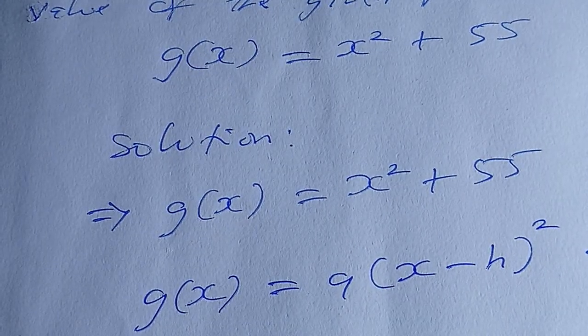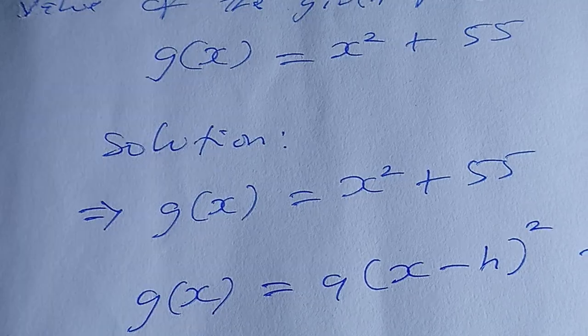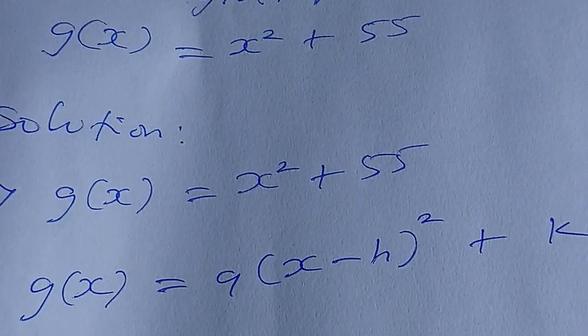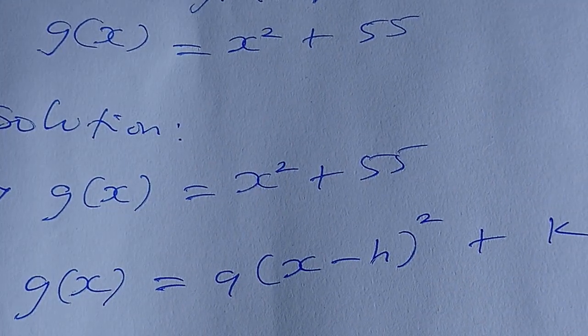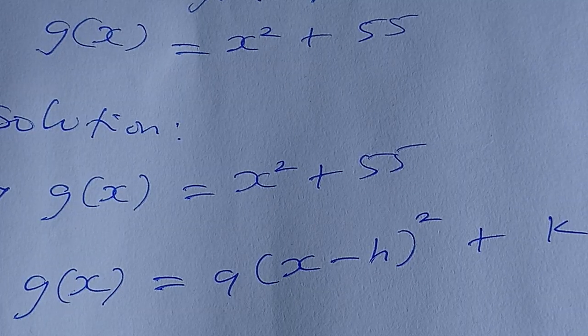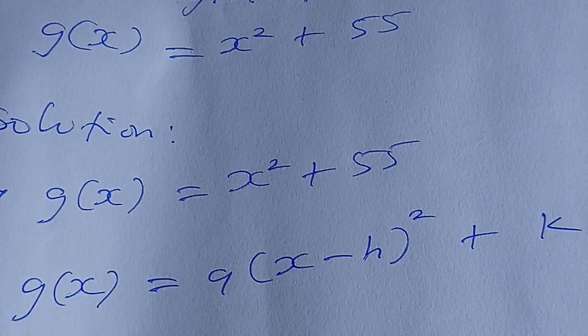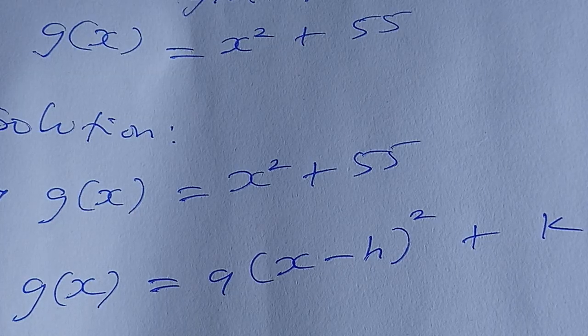Now this is the form. This is the format in which expressions like this exist. They exist like this: g of x equals a into bracket x minus h all squared plus k.